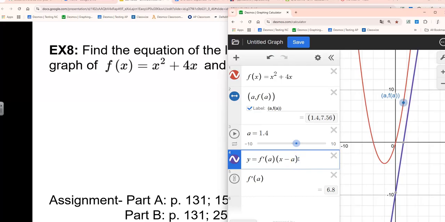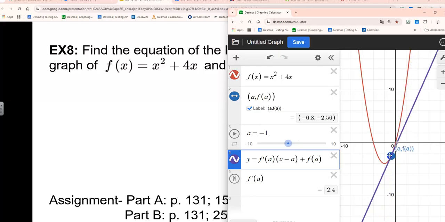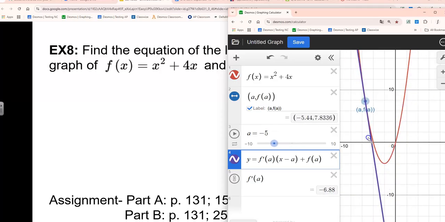And then plus the y coordinate. What's the y coordinate of that point? F of a. You don't have to know how to do that in Desmos; I was just going to walk us through that same process. But now I've got a tangent line that I can move around, right?